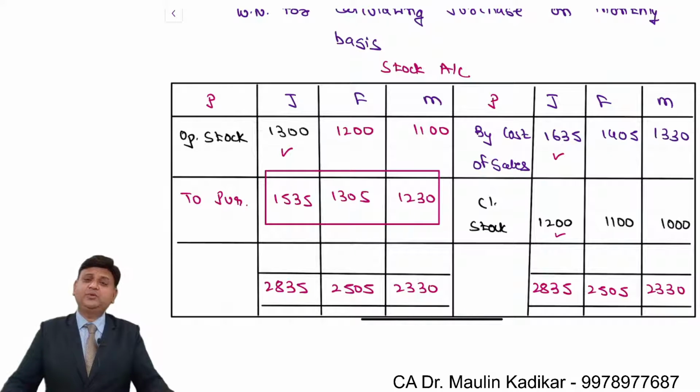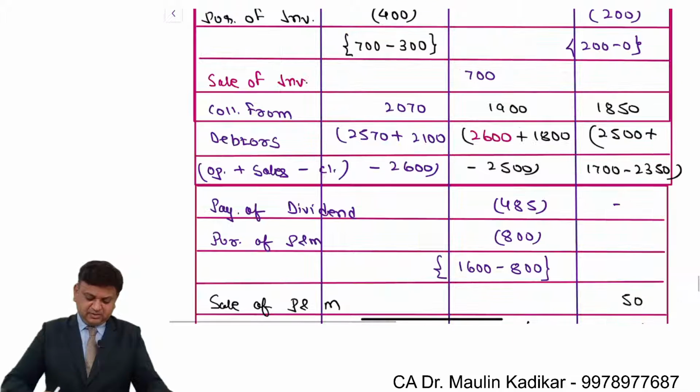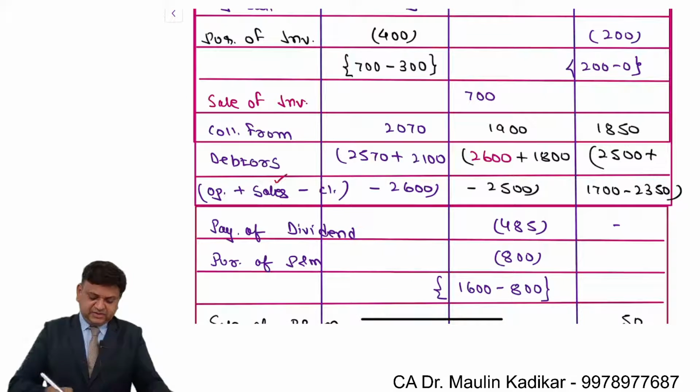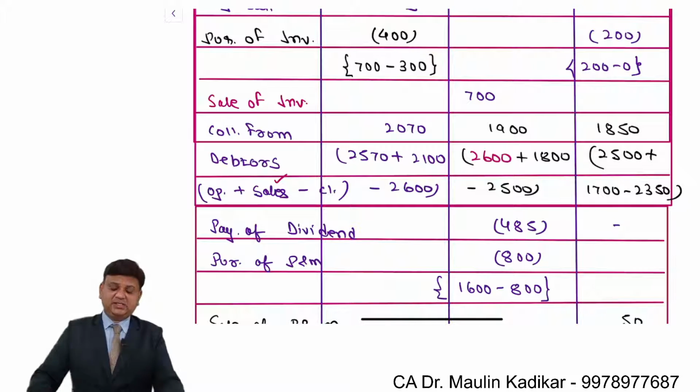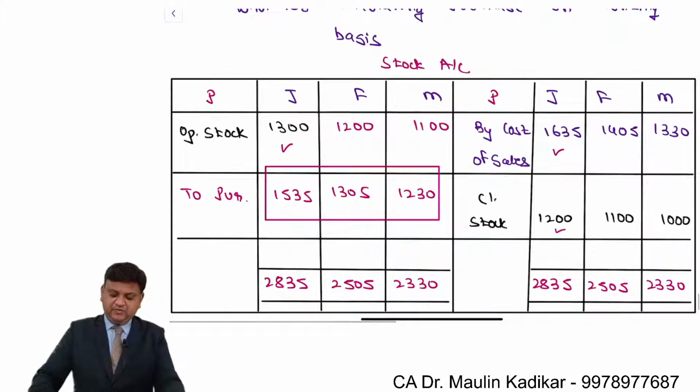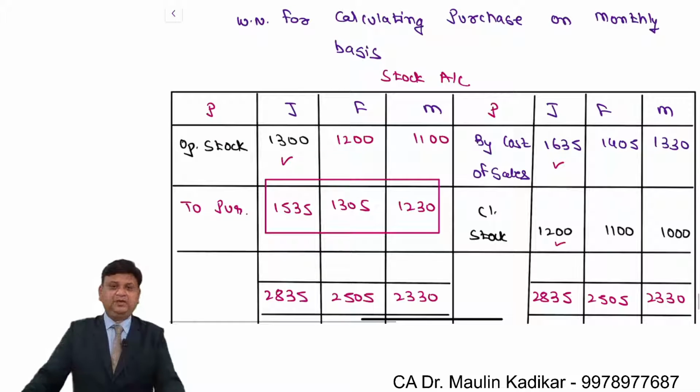Now why do we compute the purchase? I explain that to you. Dear students, the way we have an assumption that whatever the sales information given to us in the question is entirely credit sales, exactly the same way we assume that whatever the purchase information given to us in the question is entirely on credit basis.